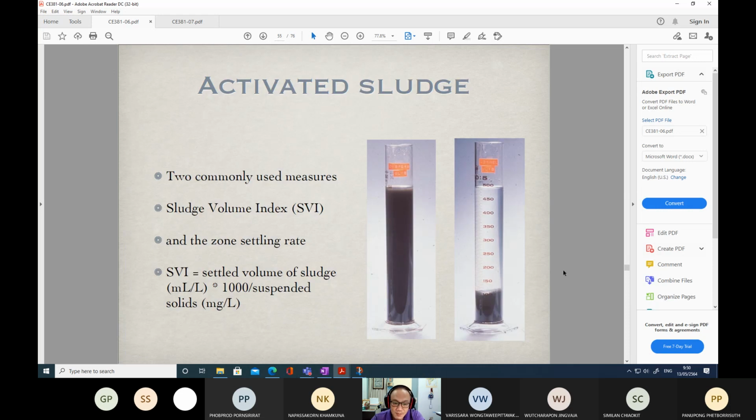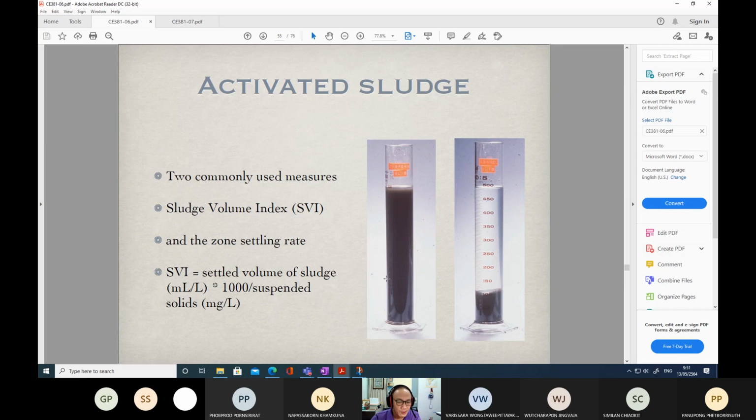When we dispose the waste into the natural receiving stream, at the end we'll find that no organic substance remains. Mostly the organic substance that we discharged will be utilized by the microorganisms which are already there in the water.